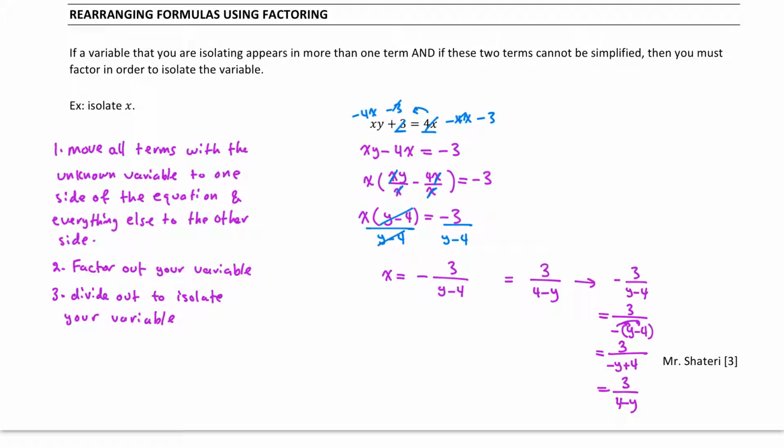And it doesn't matter which way you write your final solution, they mean the exact same thing, but just expressed in a different way.